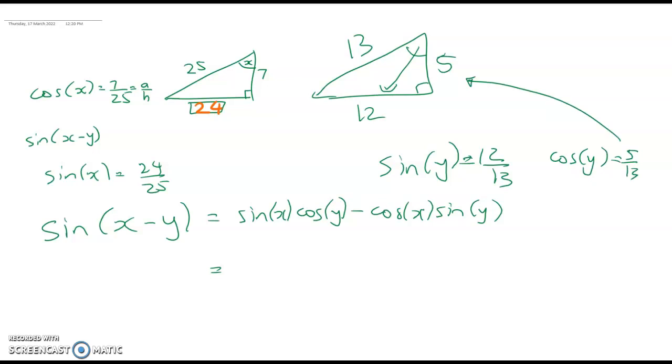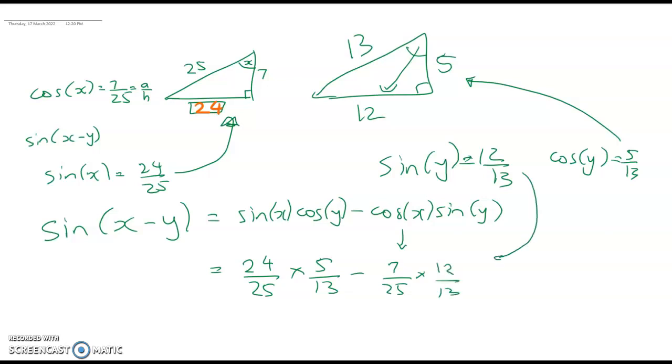So that's using the new third side of each of those triangles. So here we've got 24 over 25 times cos of y, 5/13, minus 7/25 for cos of x, which we were given, times sine of y, 12/13, which we were given.